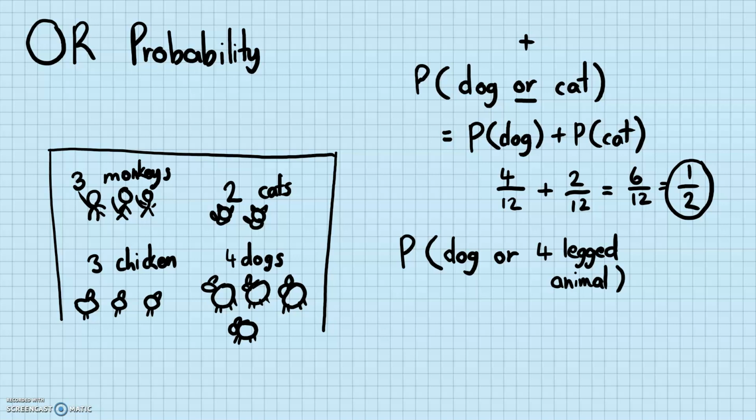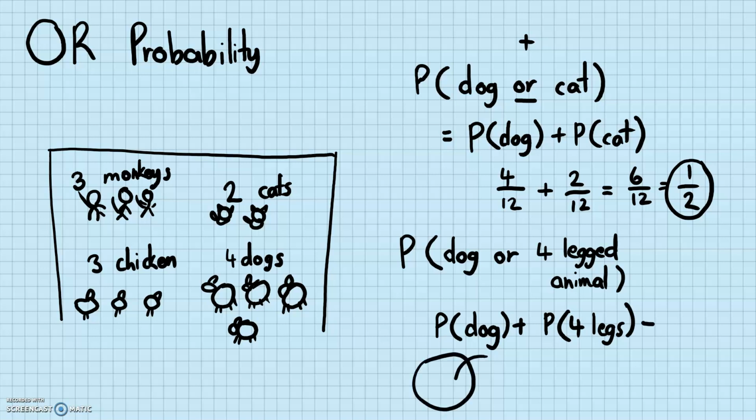So now that's going to be the probability of picking a dog plus the probability of picking a four-legged animal. I'm just going to write legs. And you have to subtract because, again, if you draw a Venn diagram, this has an overlap. There's a possibility that both of them can happen. So now that's going to be minus the probability of being a dog and four legs.